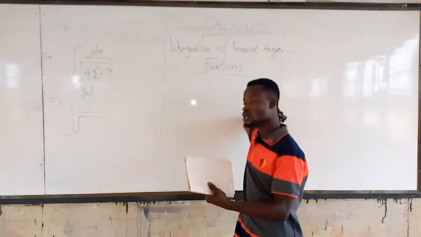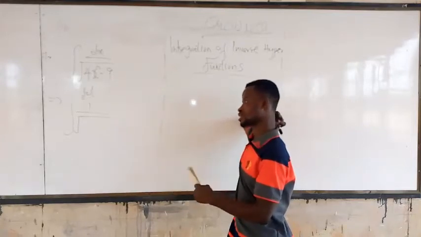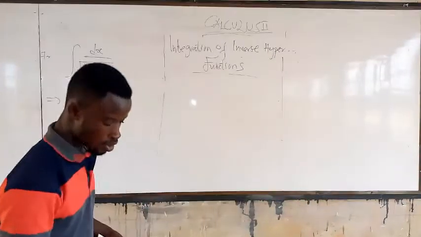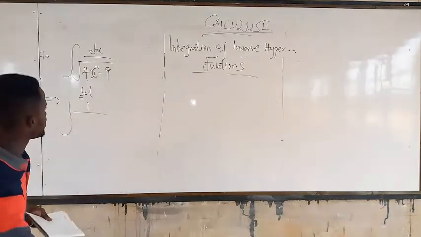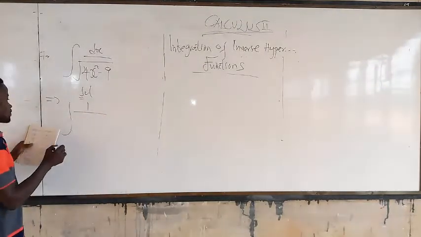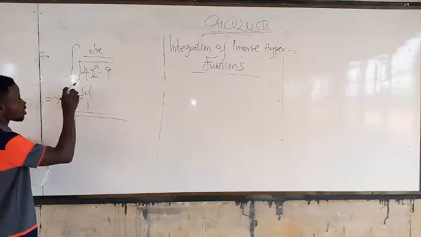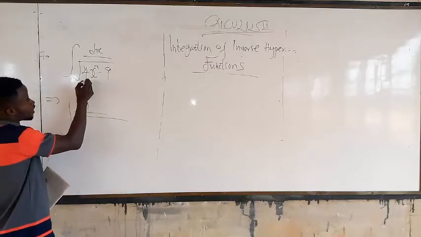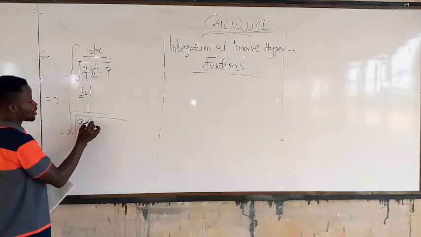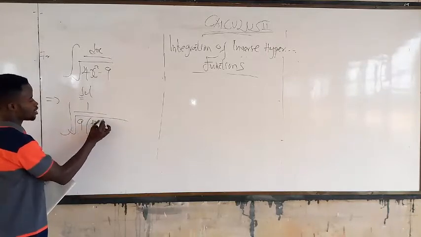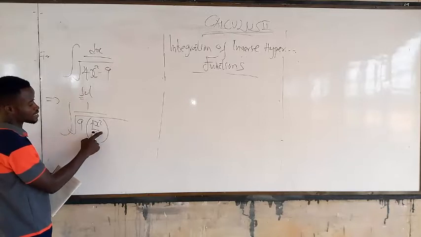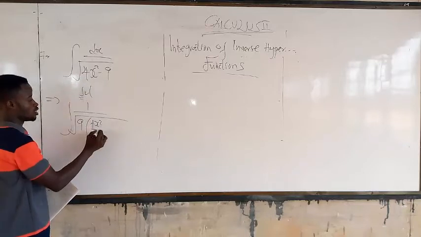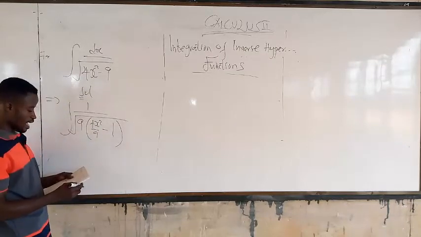Something like 1 should be inside. So what we can do is factor out 9 here. If you want to factor out 9, then you have to multiply this by 4s squared over 9, so that it will not cause any problem, and you are going to get back what you have here. So minus 1. This is acceptable.